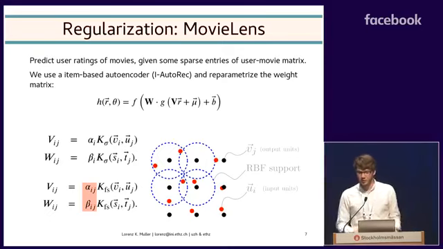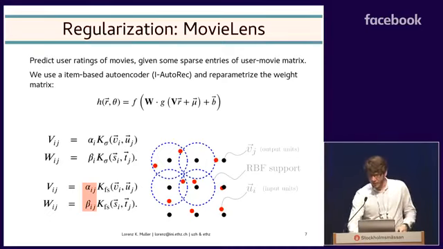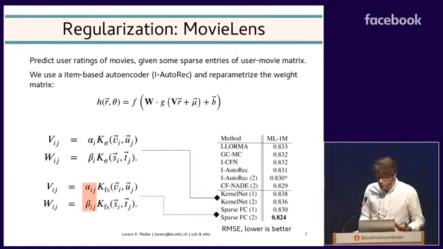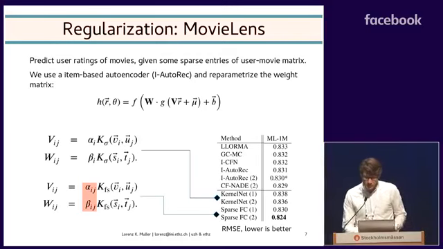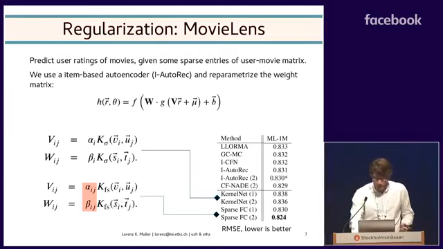You have to set a lot of weights to exactly 0 if you set up something like this. And by doing that, we really managed to improve quite substantially on the root mean square error of the generalization on this autoencoder architecture, and also performed somewhat better than other approaches we found. On MovieLens 1M, I should say.